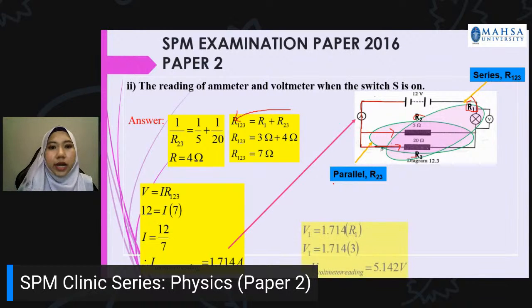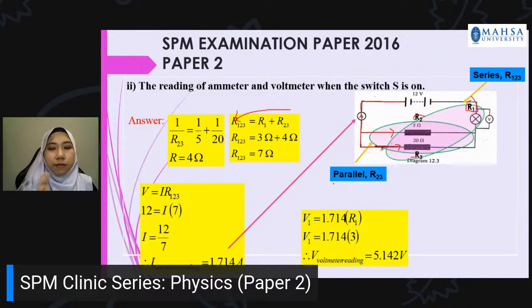And then next part, you want to calculate the reading of the voltmeter, the value of the potential difference when the switch S is on. If you refer back to the diagram, the voltmeter is connected in parallel to the bulb, so it measures the potential difference across the bulb, R1.